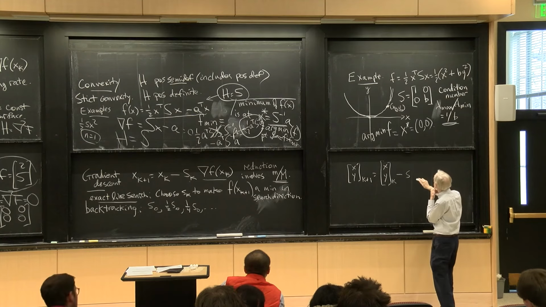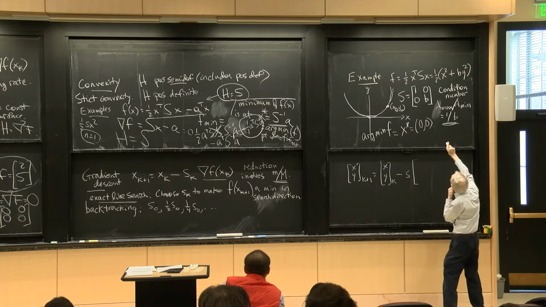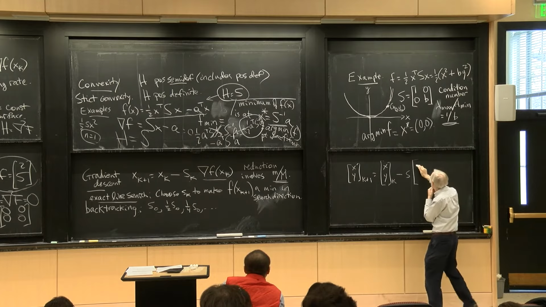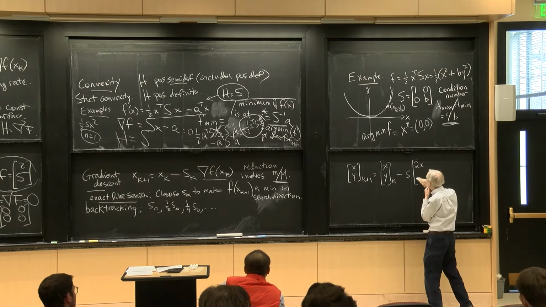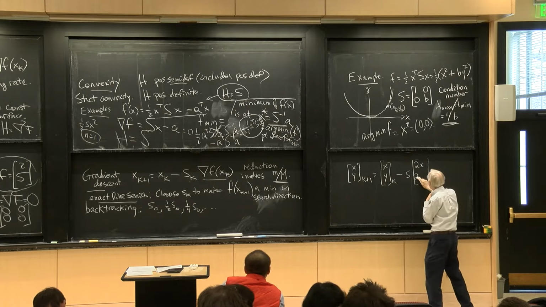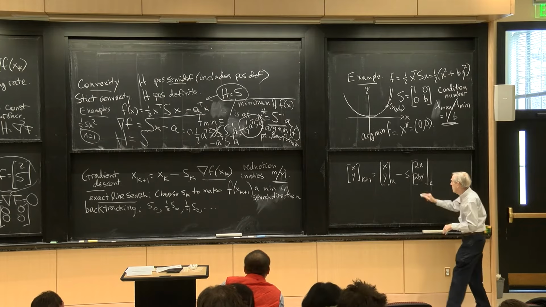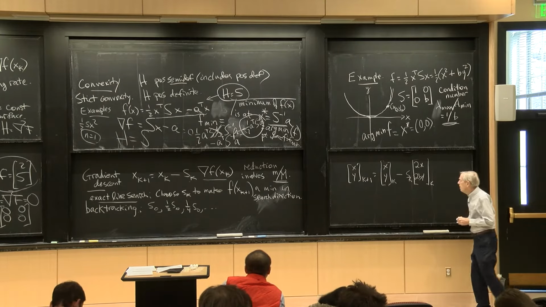What is the gradient here? The derivative with respect to x, so I have a 2x_k and 2b y_k. And this is the step size.